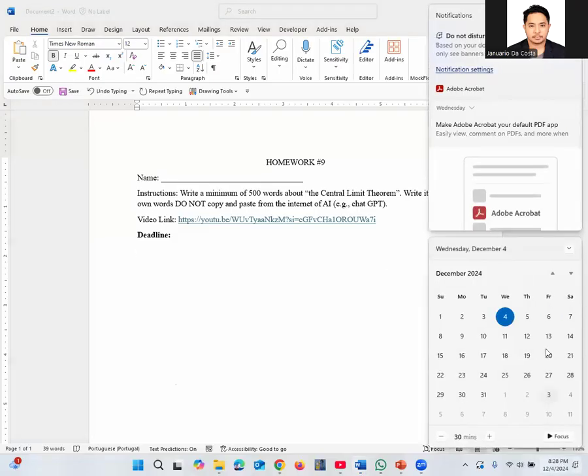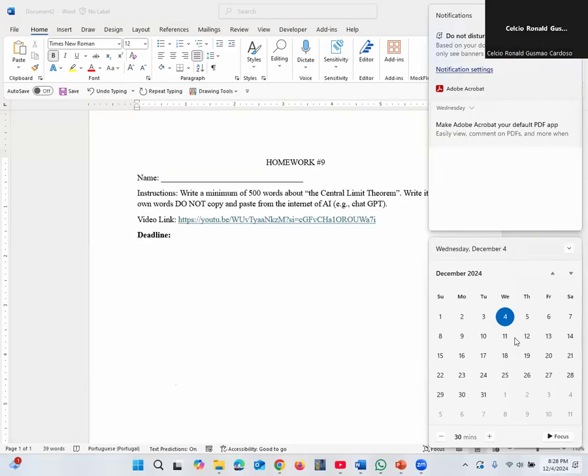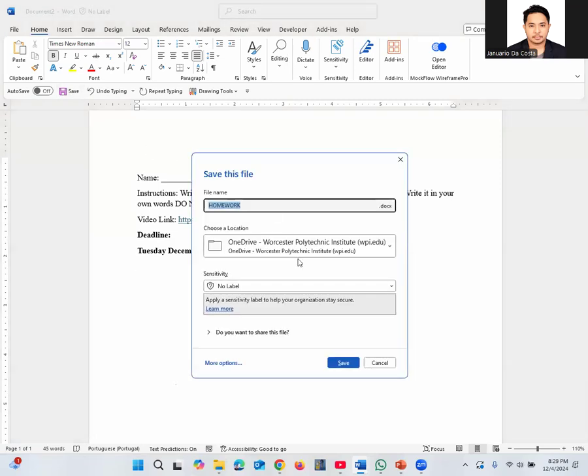The previous one, deadline is when again? December 10th, so Tuesday, December 10th, 2024, 9 to 11 a.m. Okay. Any question about this homework? No, teacher.